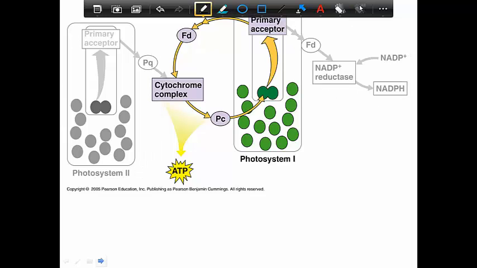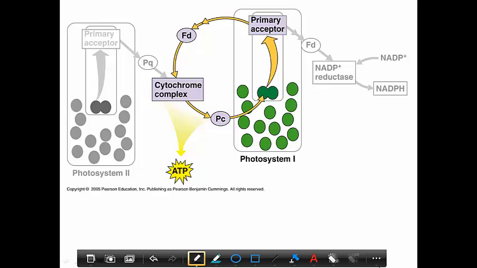Instead, when we need more ATP for the Calvin cycle, the electron that comes from photosystem 2 still travels down the electron transport chain, resupplies the chlorophyll, the light bumps that electron up to a higher energy level, but it goes to a different electron acceptor, which feeds it back into this electron transport chain that makes ATP.